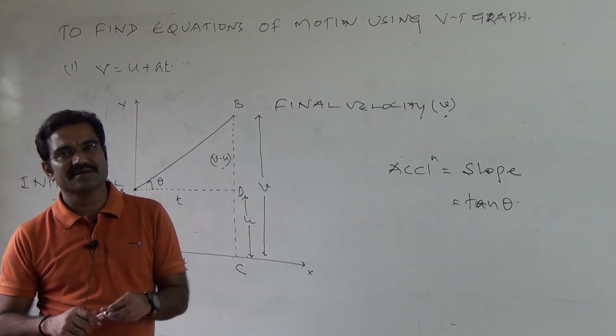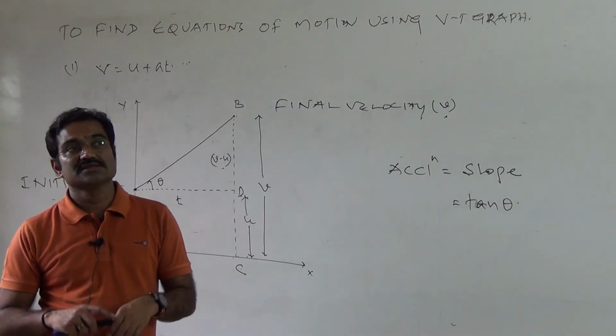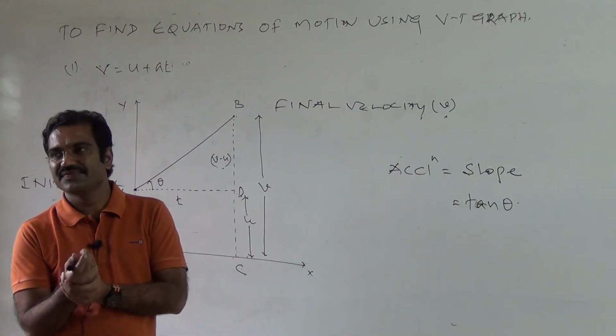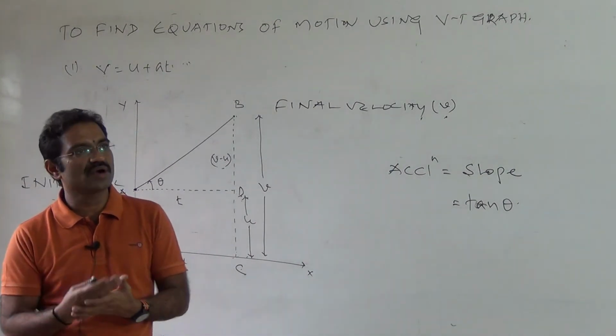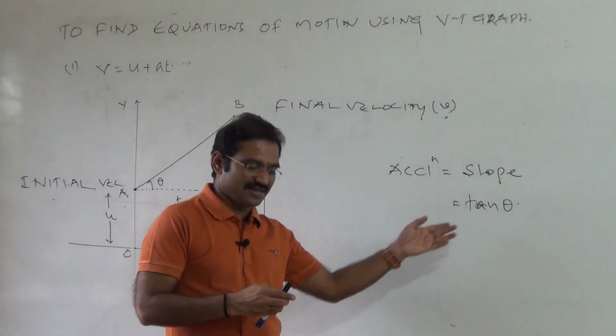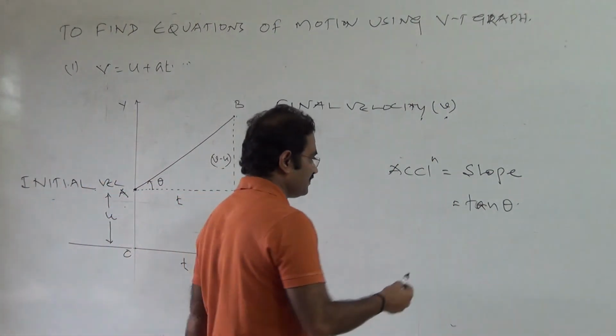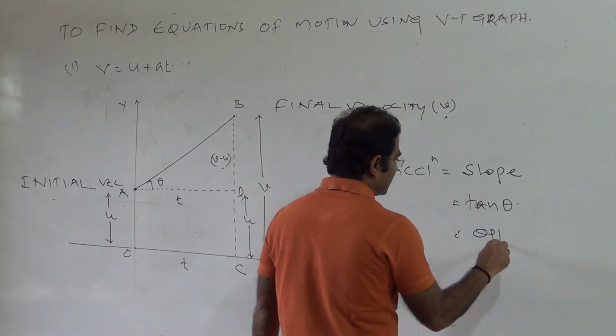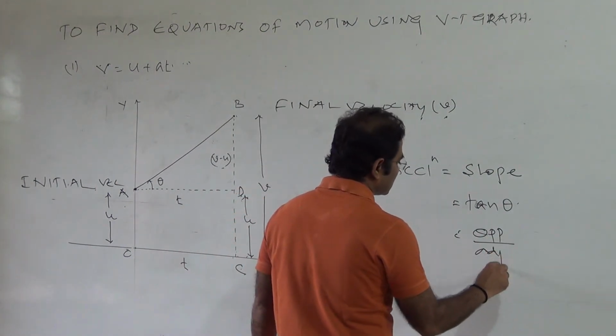Tan theta is nothing but the slope. Slope is also known as a derivative. It has its own importance. Already you are familiar with tan theta. Tan theta is nothing but the opposite side divided by the adjacent side.